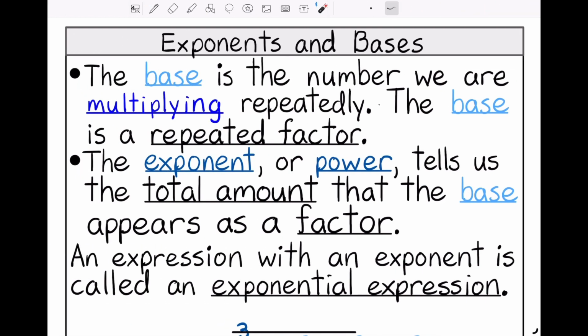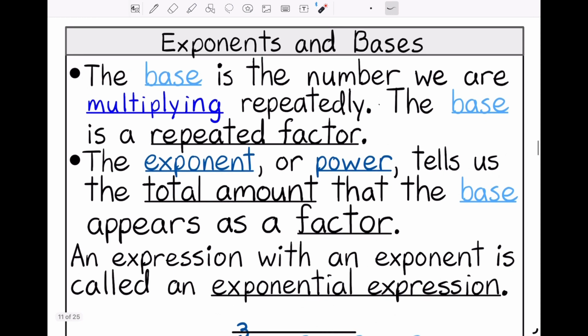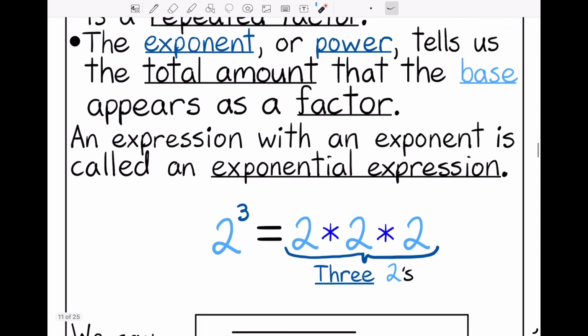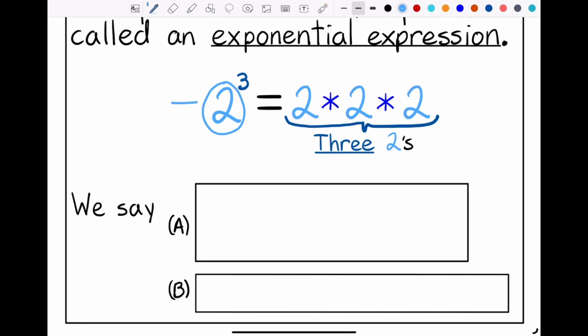Now let's look at the vocabulary of exponents, and we're going to use the example where we're multiplying 3 2's together. So let's begin. The base is the number we are multiplying repeatedly, and since we're multiplying 2 repeatedly in our example, our base is 2. So I'm going to label the 2 as our base.